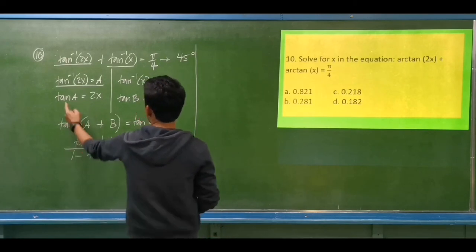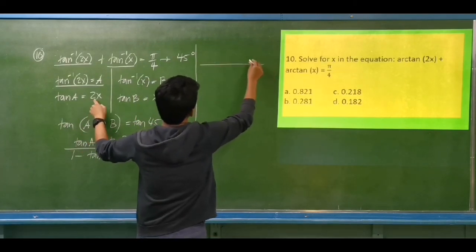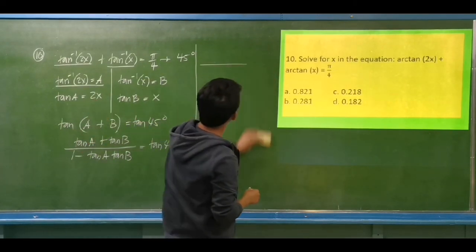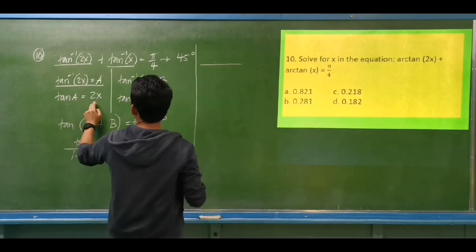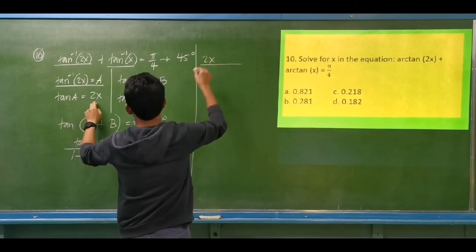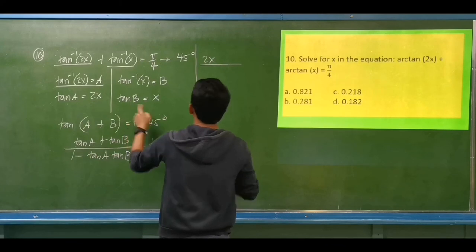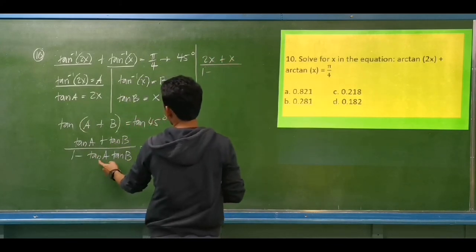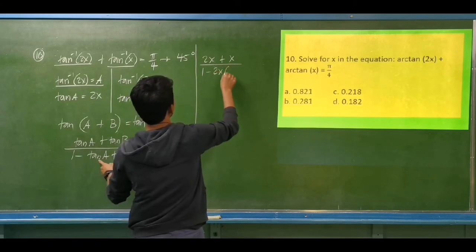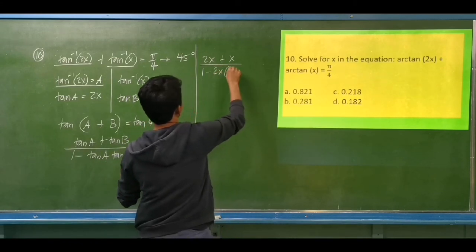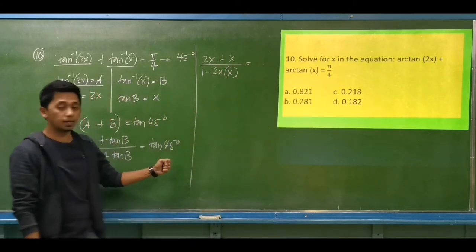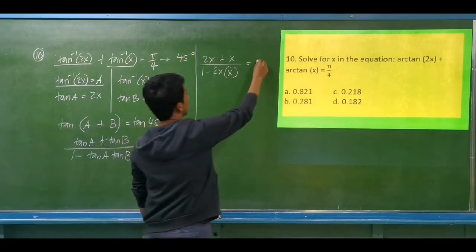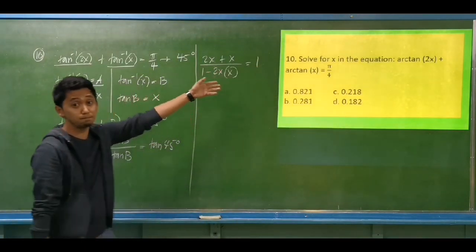So, ano yung equivalent ni tangent A? Ang equivalent ni tangent of A is 2x plus tangent B. Ano yung equivalent ni tangent B? Plus x. Divided by 1 minus tangent A, this is 2x. Tangent B is x. Equal to, ano yung equivalent ni tangent 45? Obviously, that is 1. Yun, shift solve.